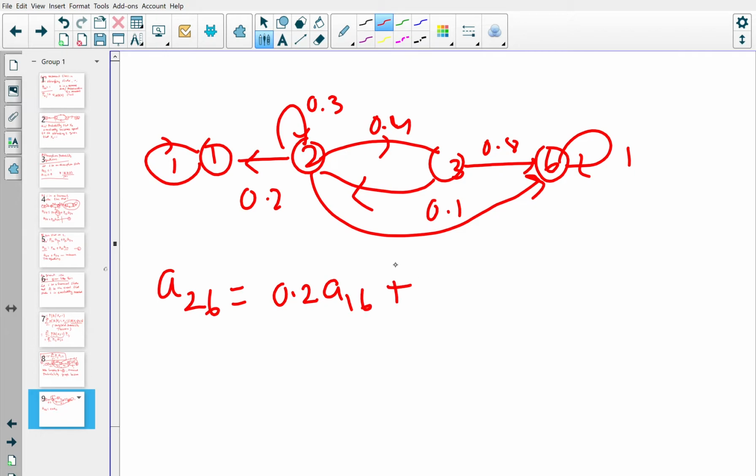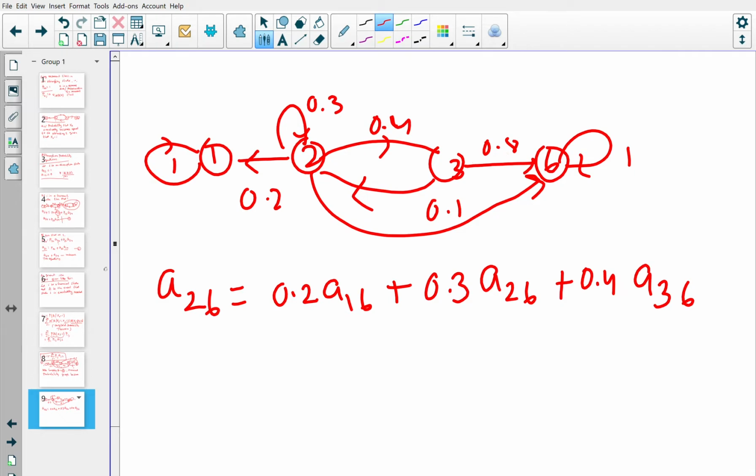And you can stay here at 2 with 0.3 probability, and then the same thing to 6, but you can go to 3 also, with 0.4 probability. The moment you're inside 6, you want to know the absorption probability from 3 to 6.